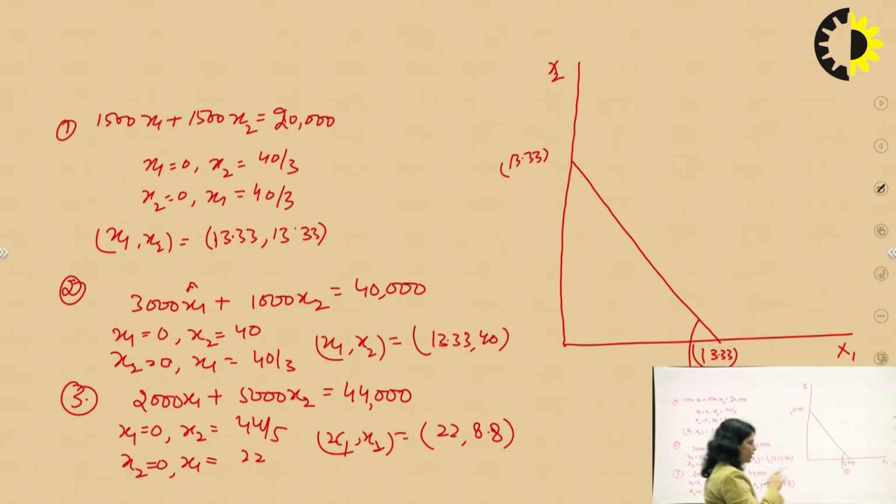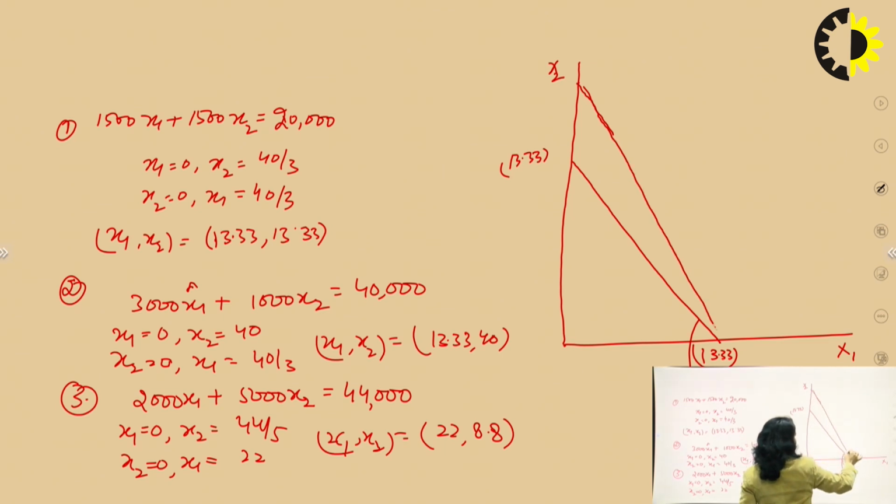For the second, the coordinates are 13.33 and 40. So for example, this one is 40. Okay, so this is the second line.